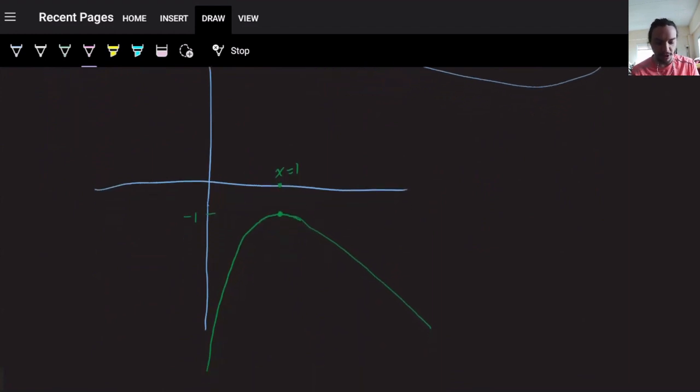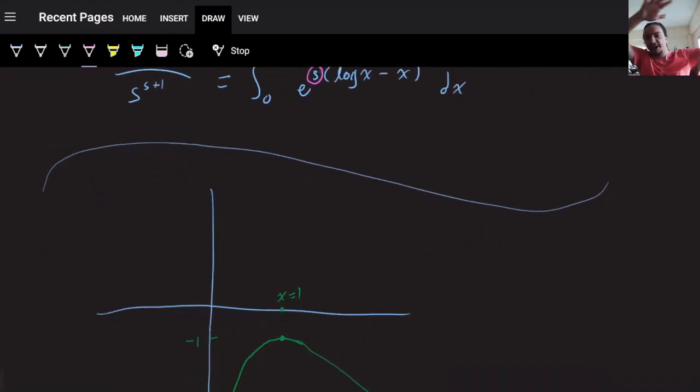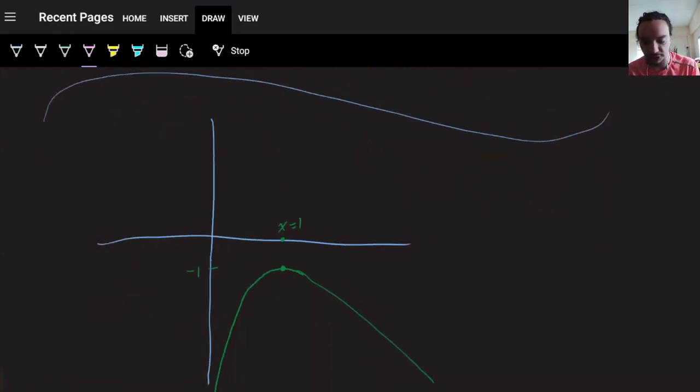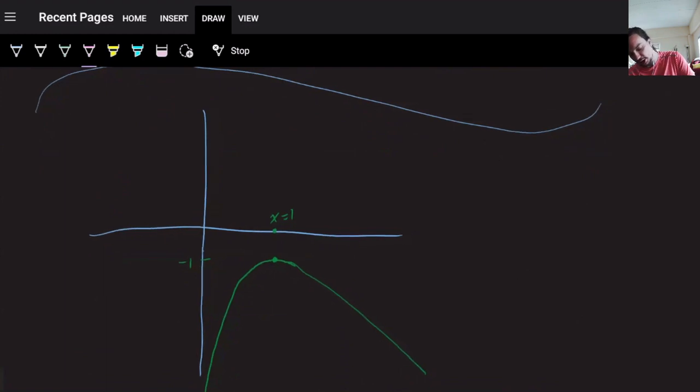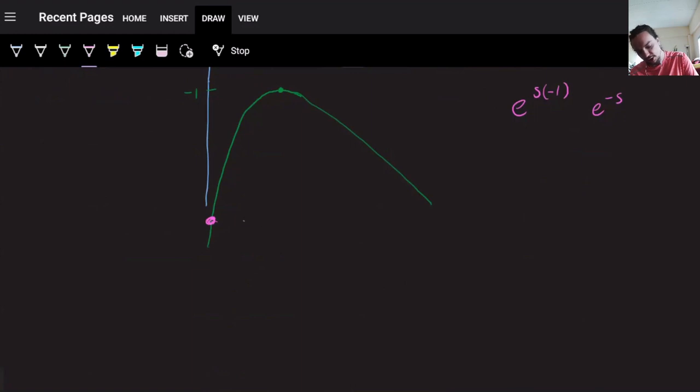But more importantly, log x minus x is not always the same smallness. Sometimes it's really, really negative, and sometimes it's not that negative. So for example, at x equals 1, the function's not that negative, it's just minus 1. And so we get e to the s times minus 1, which is e to the minus s, decaying, but not as quickly as, for example, when you're here, where you get e to the s times minus 4, say, and then you get e to the minus 4s.